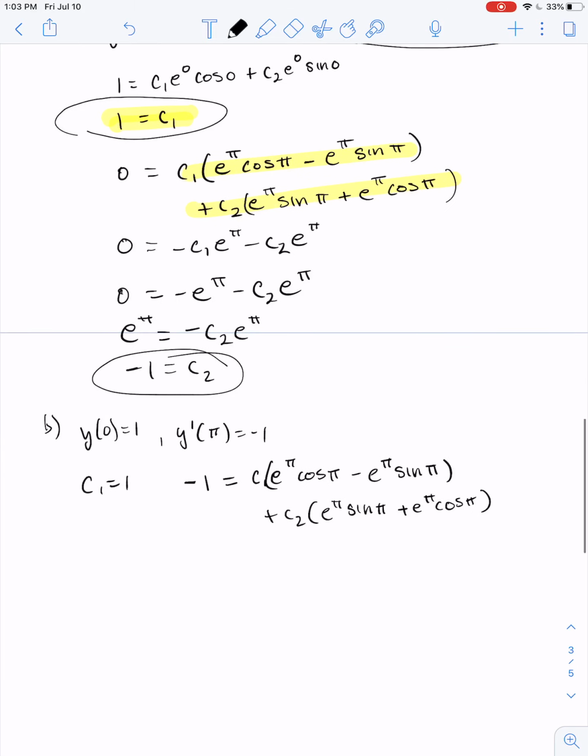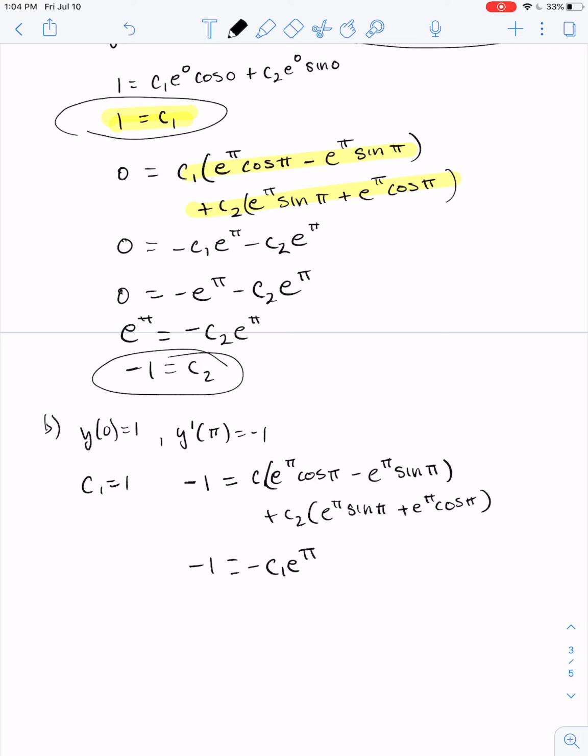Okay, and so that's going to wind up giving us what? We wind up getting -1 equals C1 times negative e to the pi. I don't have to write it like that, I could do it like I did before: negative C1 e to the pi.